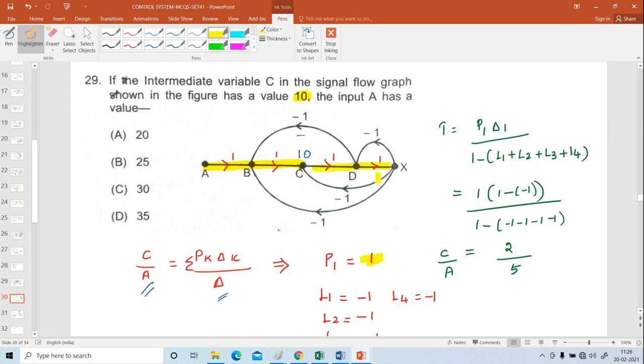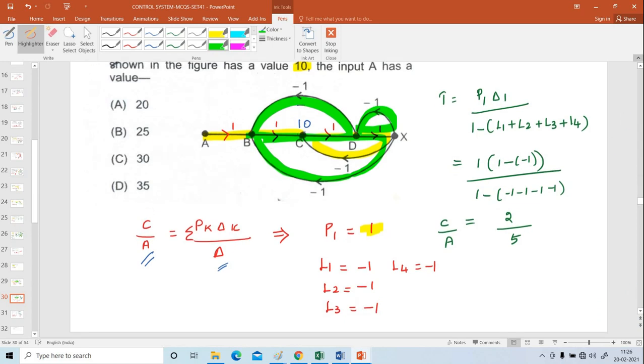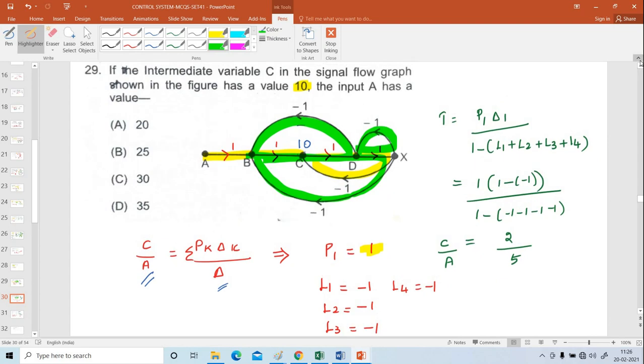Here this is loop number 1. So 1 into minus 1. And see, this is the second loop, 1 into minus 1. This is also the third loop. And this is the fourth loop. In this way we have 4 loops available. And next, after finishing this, find out the transmittance.